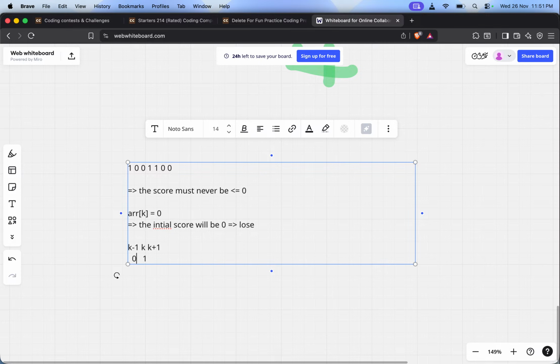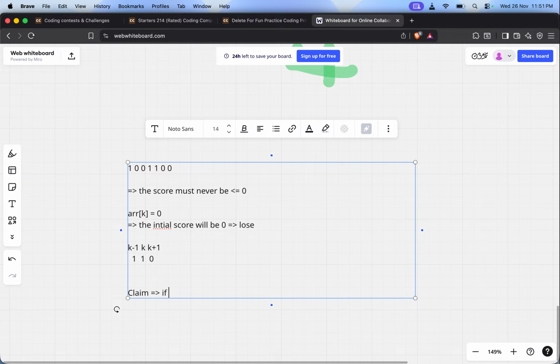Now, what if one of the neighbors is 0? Let's understand what if both of the neighbors are 1 and what if both are 0. In the next step, I make a claim, just remember this. We will prove it later on.